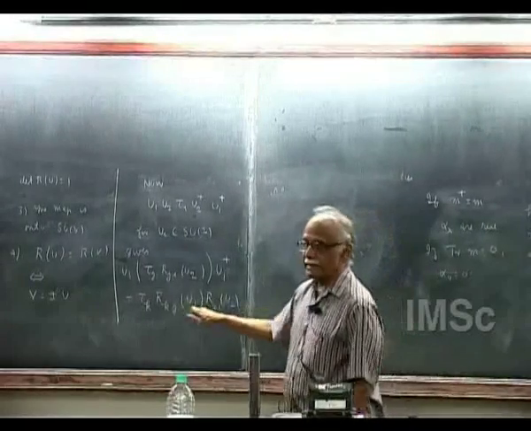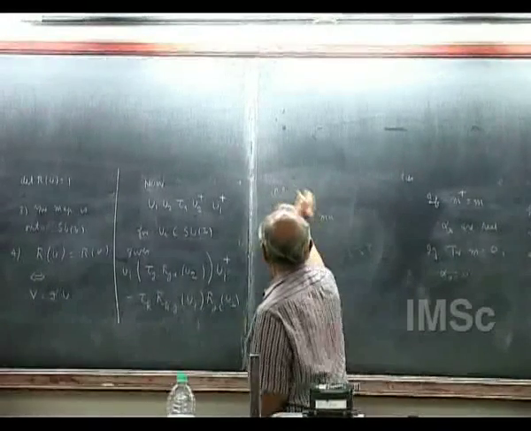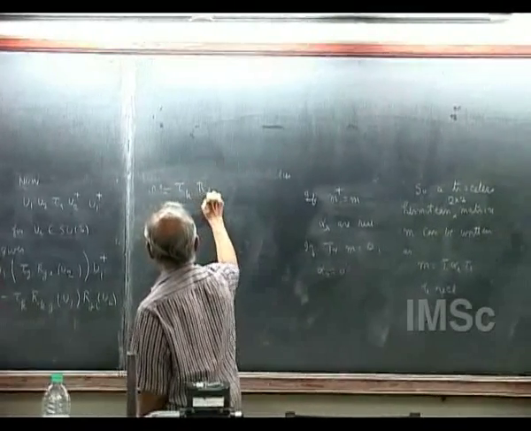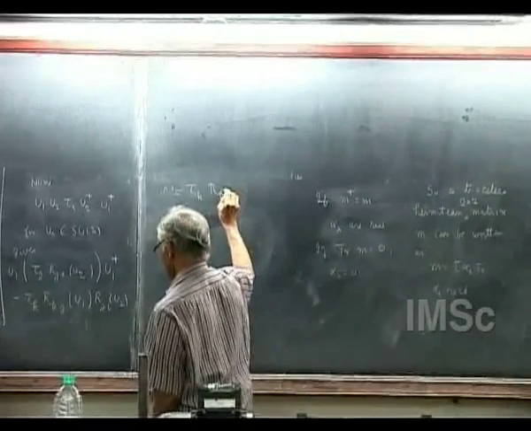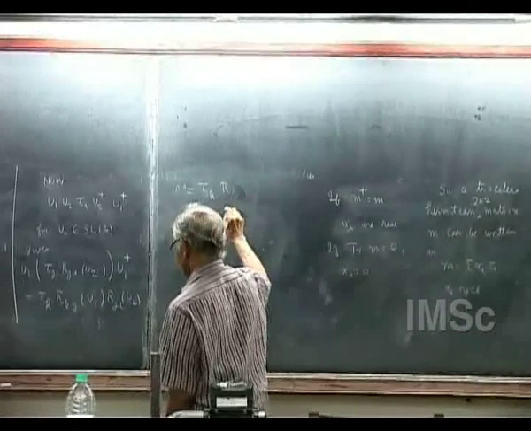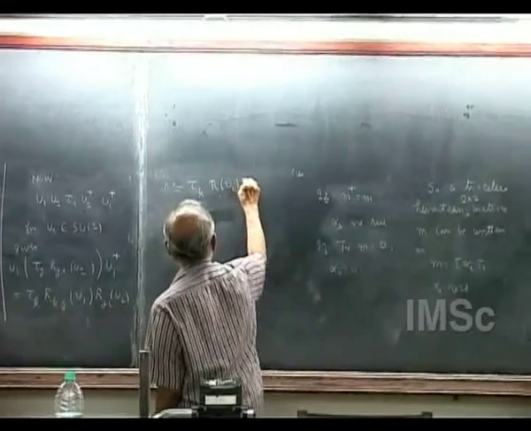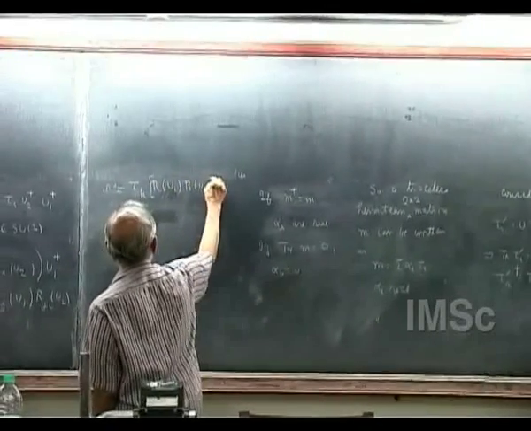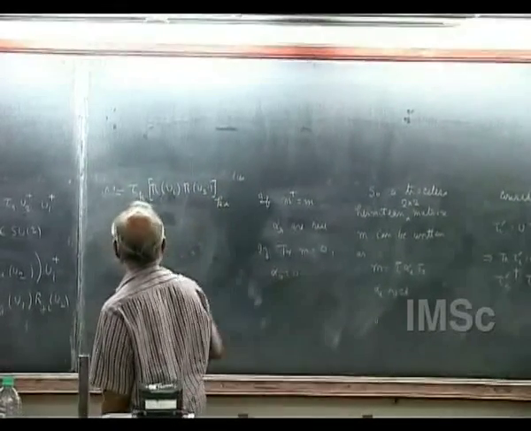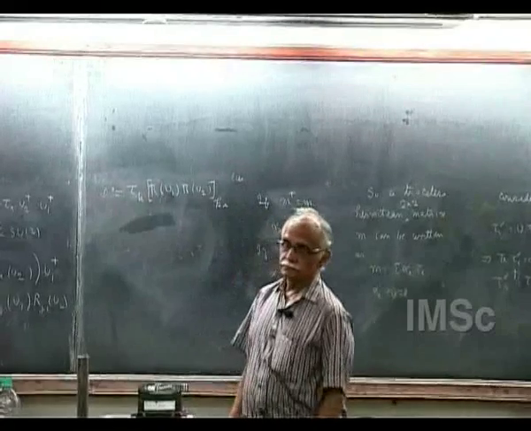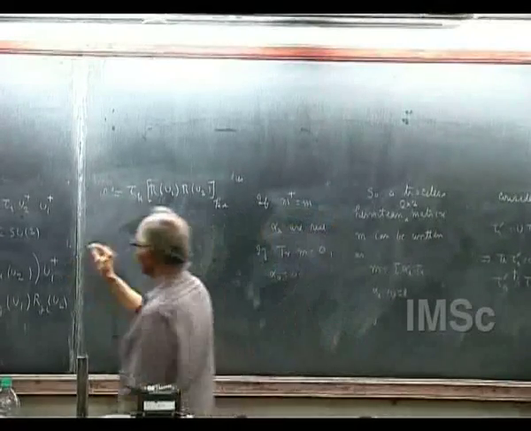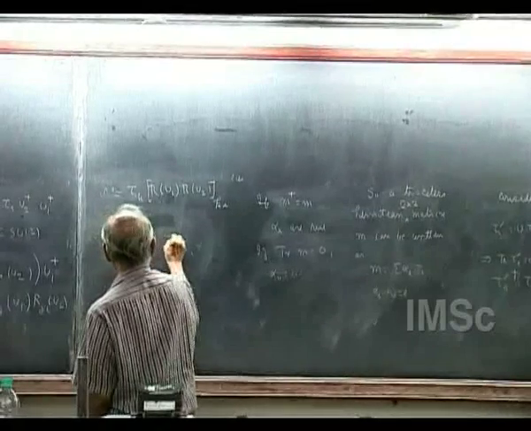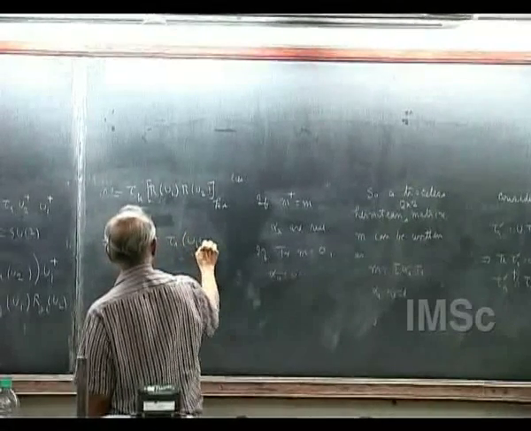But this is simply matrix multiplication. So this is equal to tau k, I should be careful, R of u1 times R of u2, k i. But I can also think of this as u1 u2 as one unit, tau i u1 u2 adjoint.